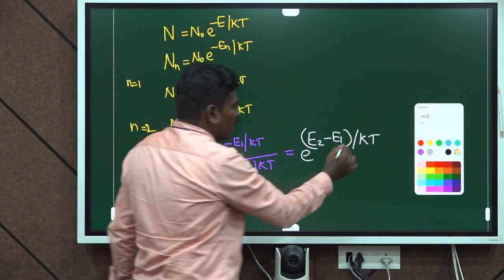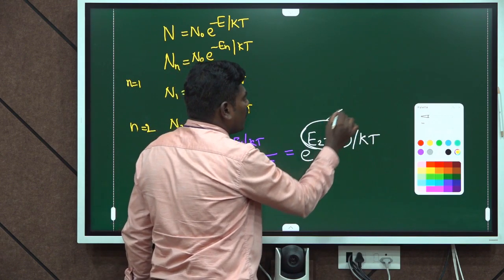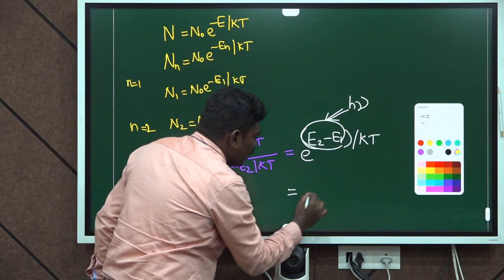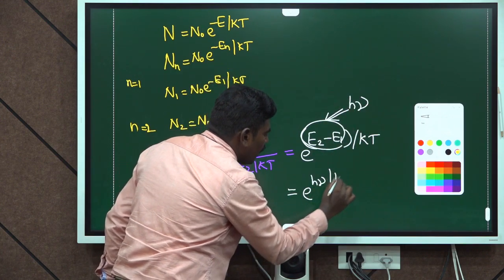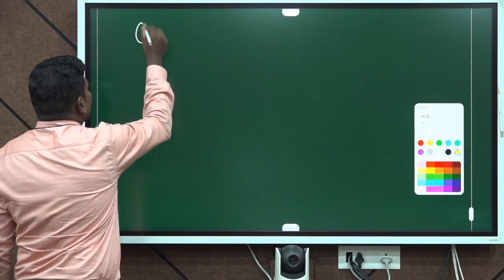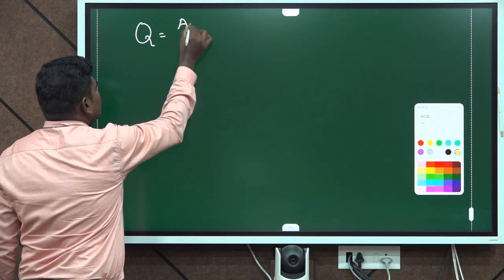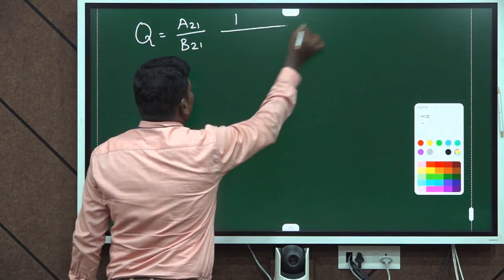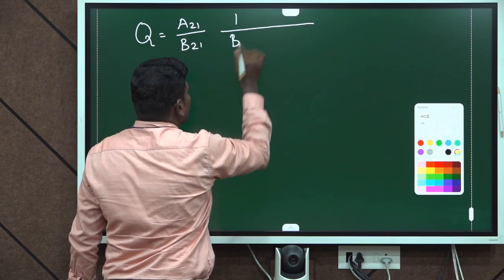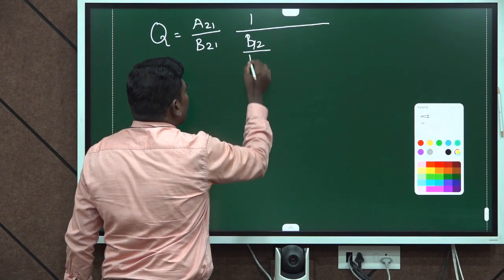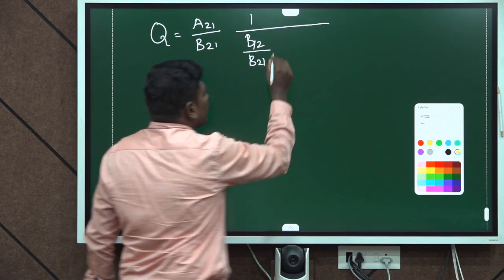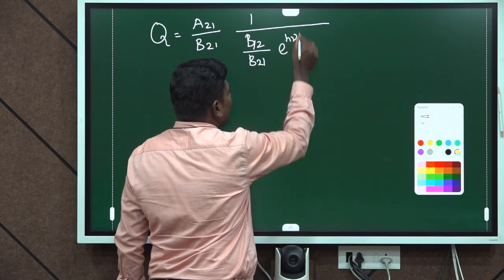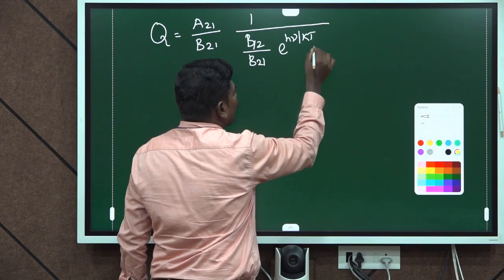Then E2 minus E1 is represented as h nu, the energy difference, so e power h nu divided by kT. So Q equals A21 divided by B21, times 1 divided by B12 divided by B21, where we substitute N1 by N2 as e power h nu divided by kT, minus 1.